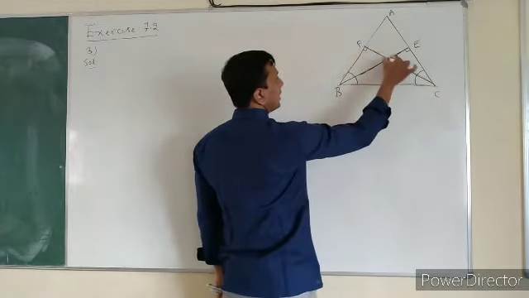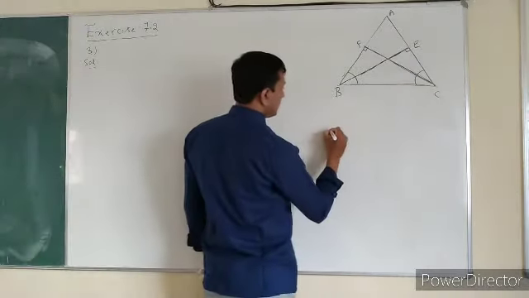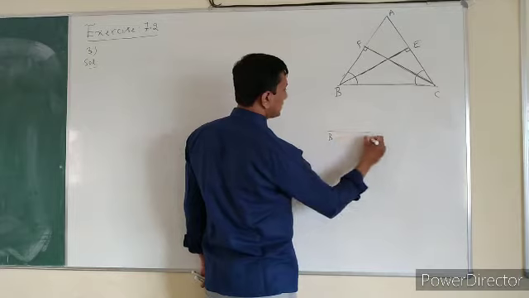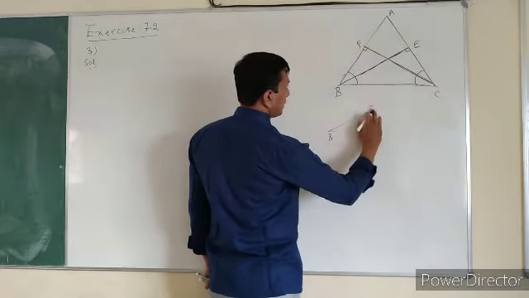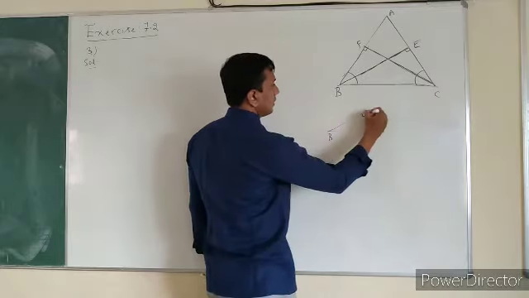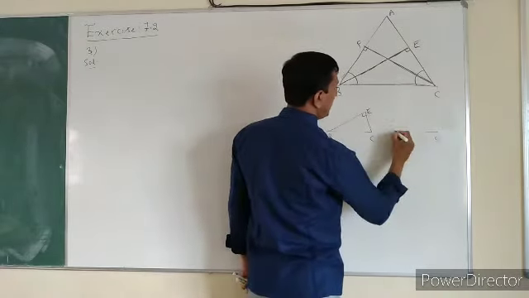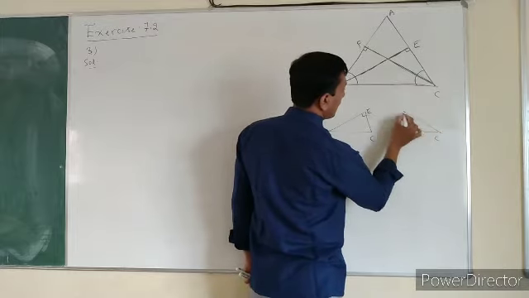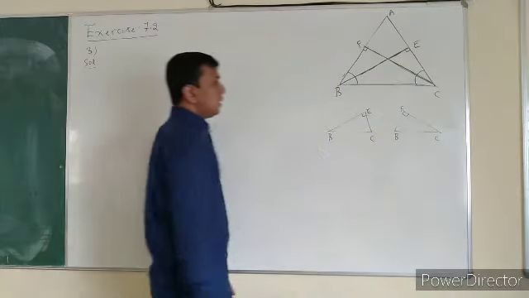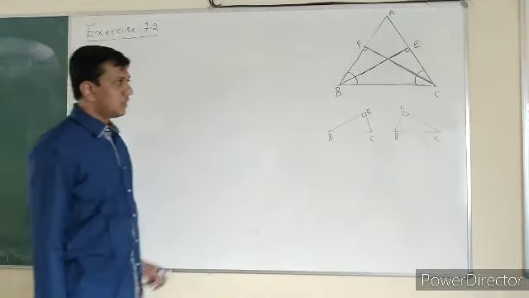These two triangles we will compare. So when you compare these two triangles, what will happen? BCE and CBF here. Between these two, what is the common property you can observe here?